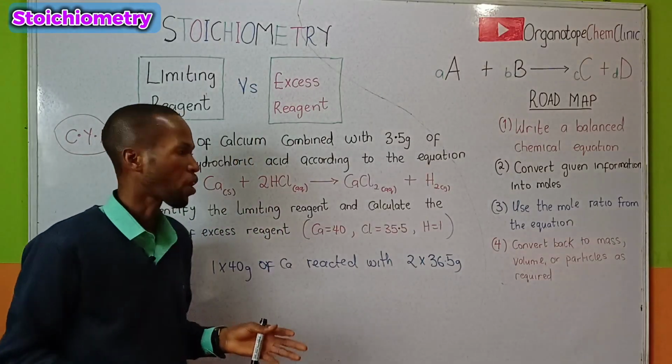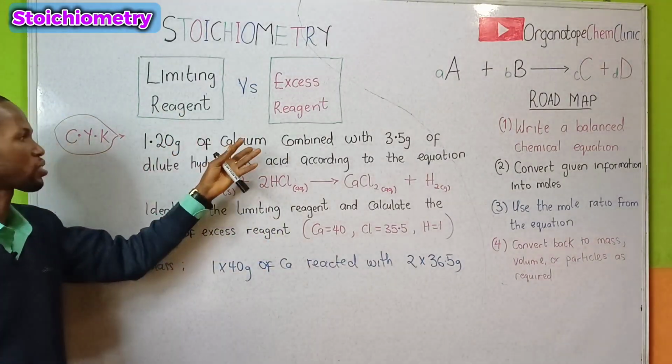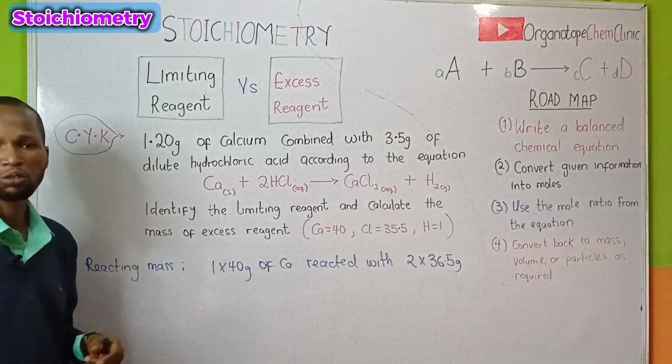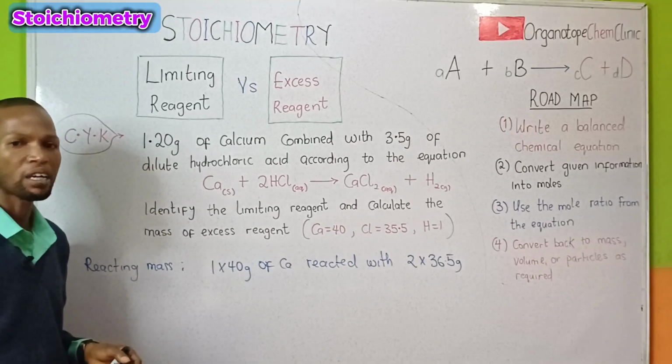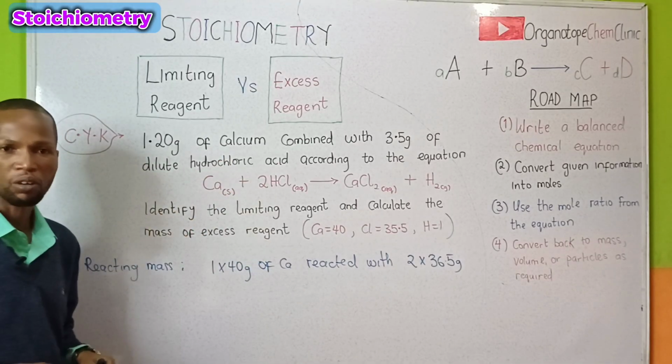Now the next thing, from the question, we're given the actual mass of calcium as 1.20 gram. That is the actual mass of calcium that reacted with hydrochloric acid.